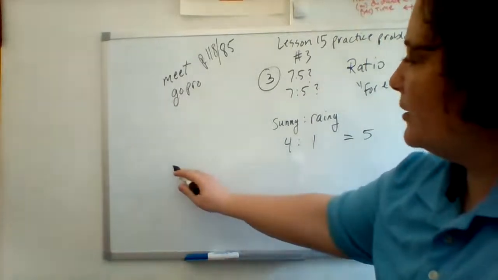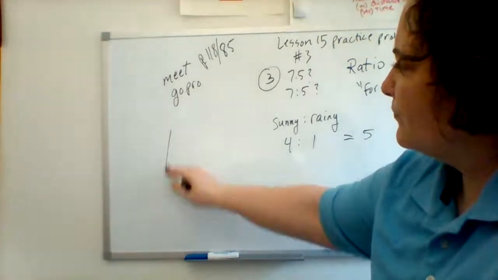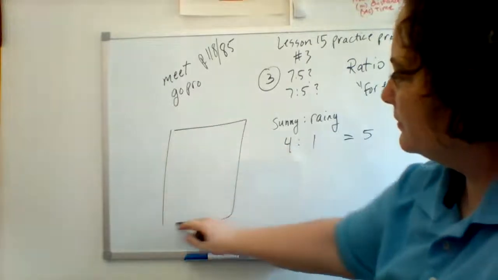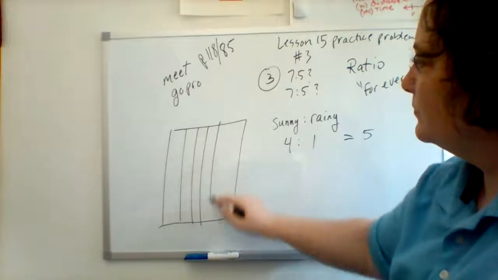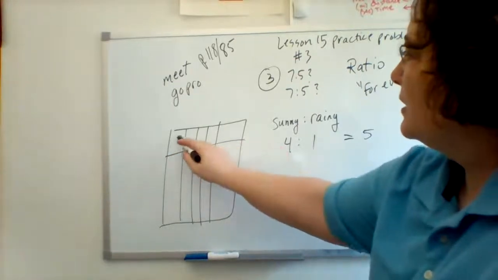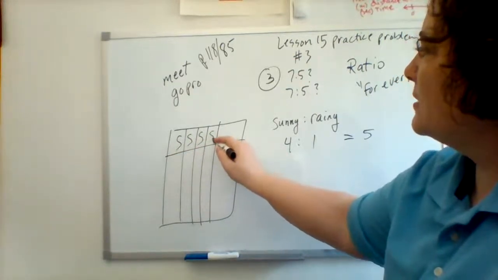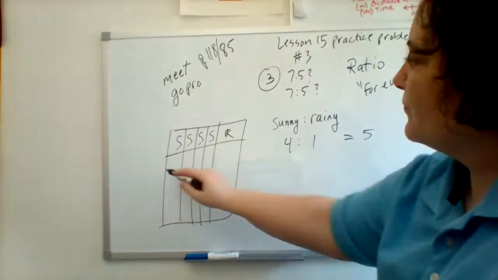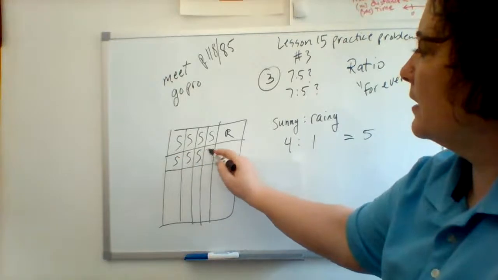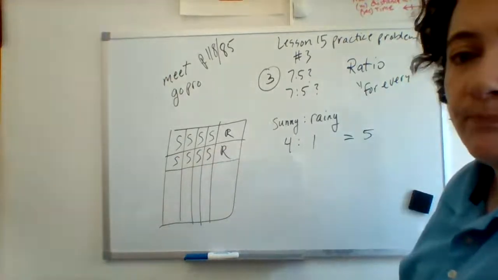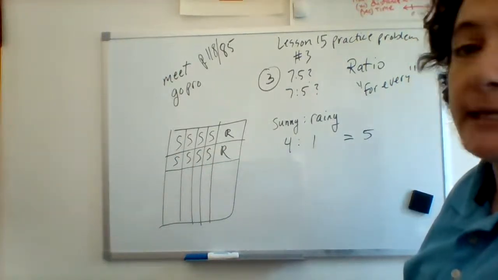So if you think about a calendar: sunny, sunny, sunny, sunny, rainy. For every 4, there's 1. Sunny, sunny, sunny, sunny, rainy. It's going to keep going like that and like that and like that.